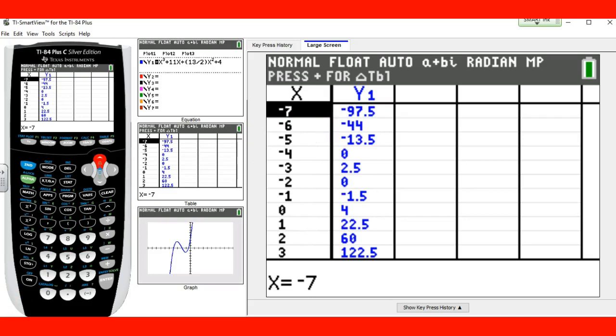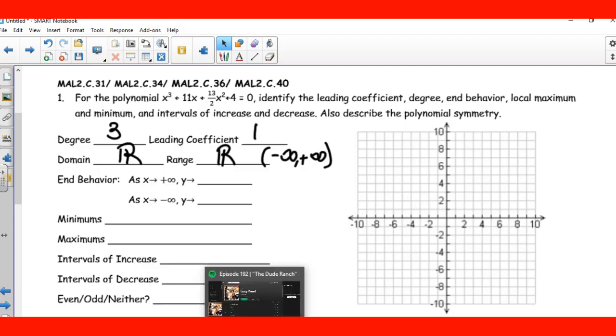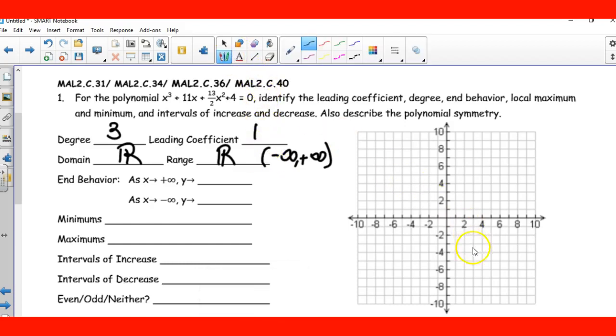So those values are 0, -4; -2, 0; and also 0, 4. So right here, there's one right there. So we got something like this.